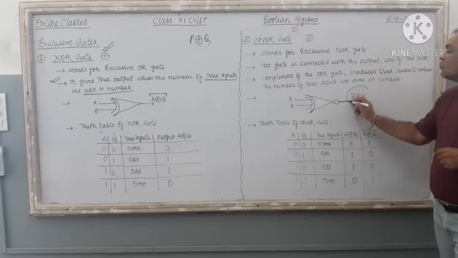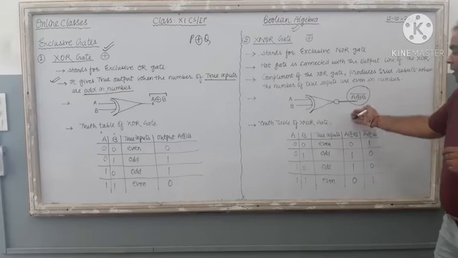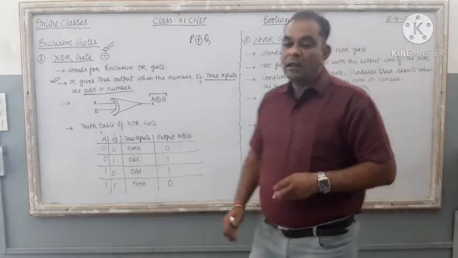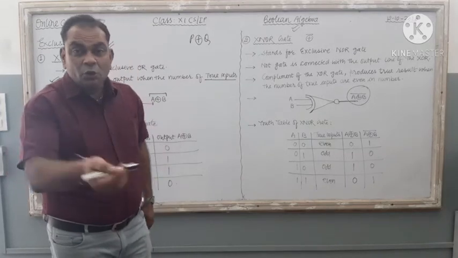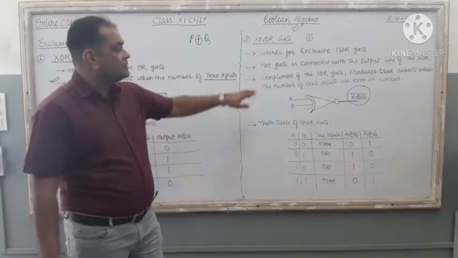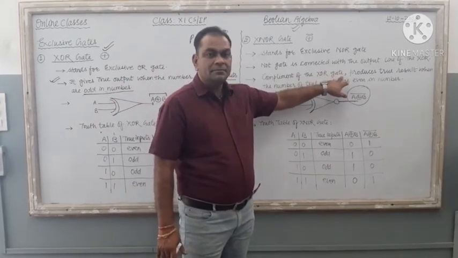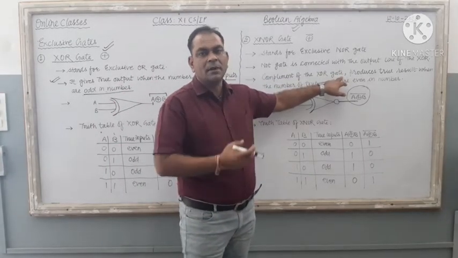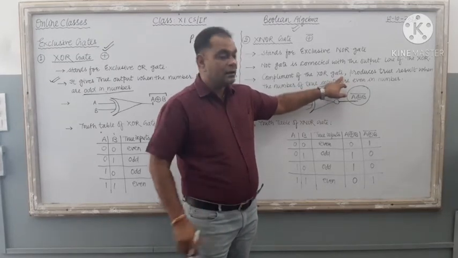It is the output of this XNOR gate. Right? Now if we talk about the truth table, and if you want to find out where the result is true in this XNOR gate, just check this one. It is the complement of the XOR gate. NOT is there, so it is known as complement. It inverts the result of the XOR gate.